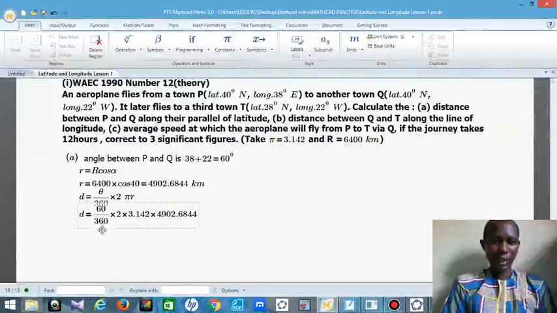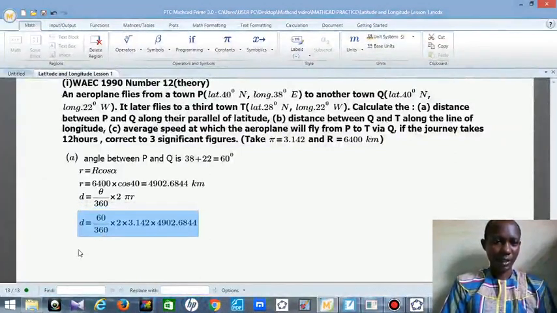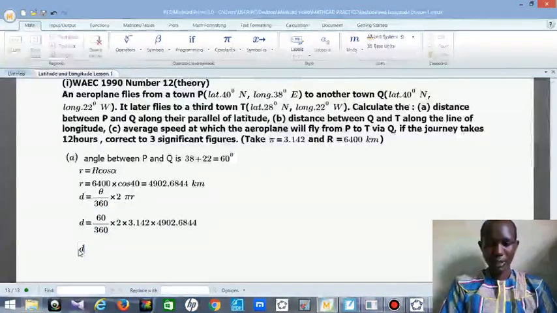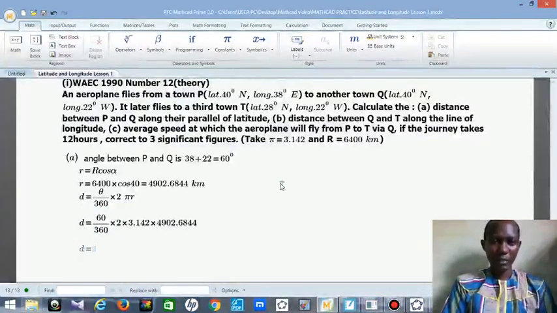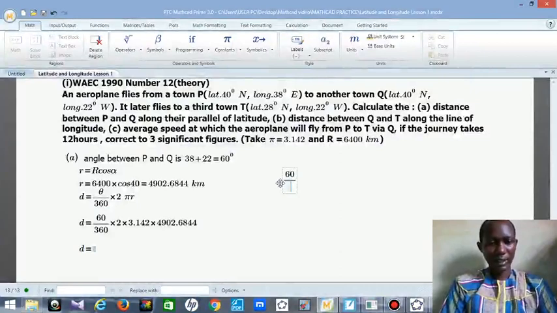So let me shift it down a little. I think the space is enough. So without wasting time, D is equal to, let me simplify it here, 60 divided by 360. You can use your calculator and try this one fast.